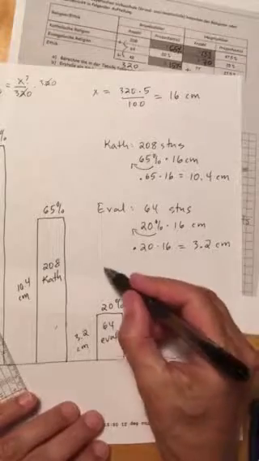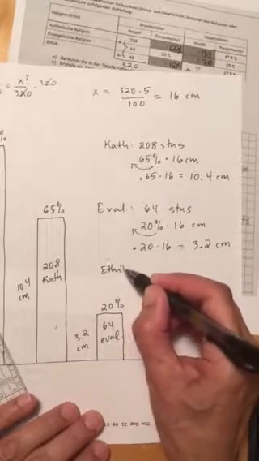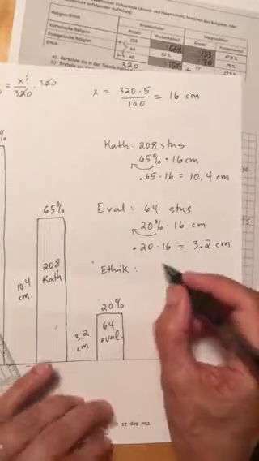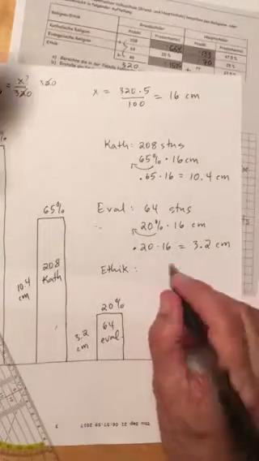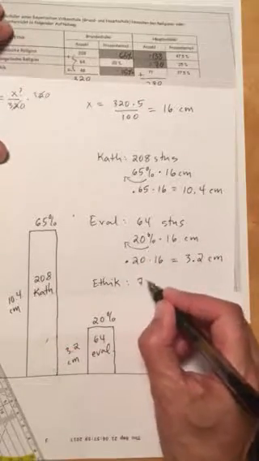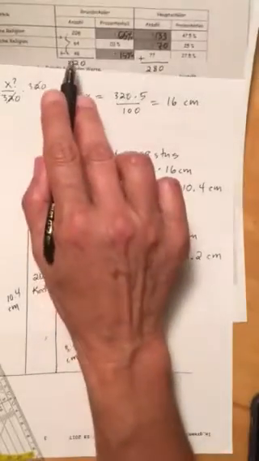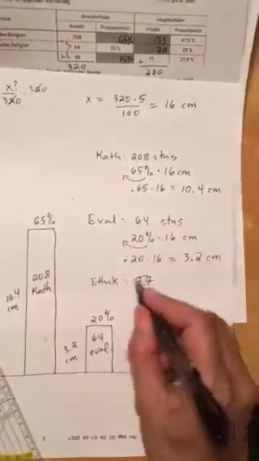And then finally we have ethics. And in ethics, we have 77 students. Oops, sorry, I'm looking at the wrong thing. We have 48 students.